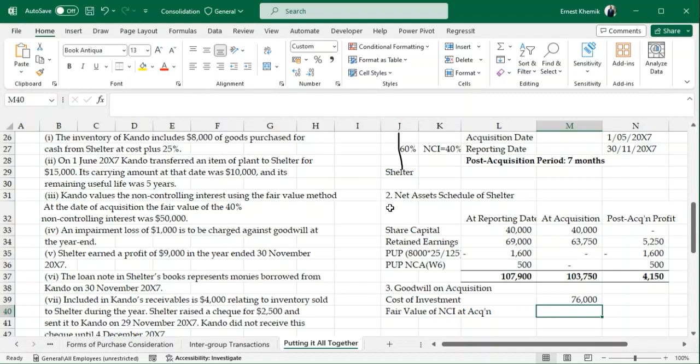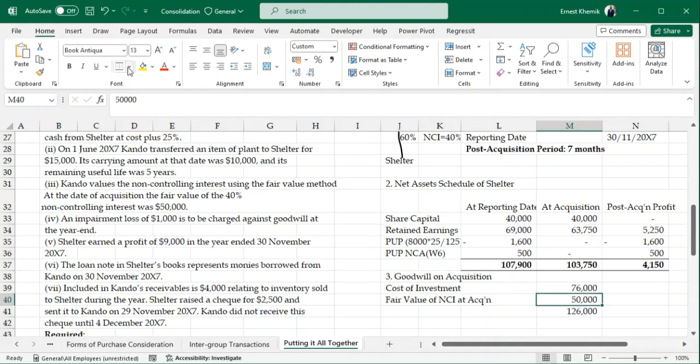As we can see here, Cando values the non-controlling interest using the fair value method. At the date of acquisition, the fair value of the 40% non-controlling interest was 50,000. So quickly I'll have my 50,000 here. Then I can add those two together. So Alt equals adds it for me. Let me put my border here.